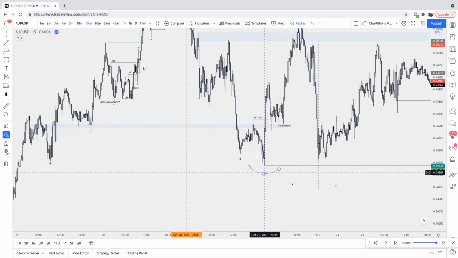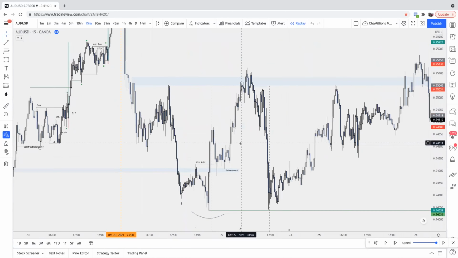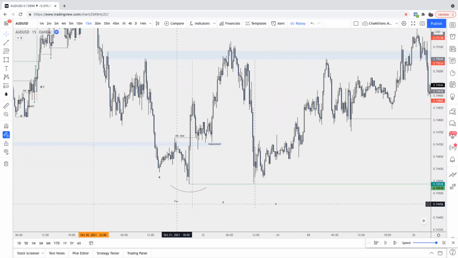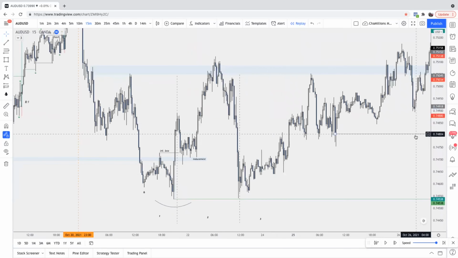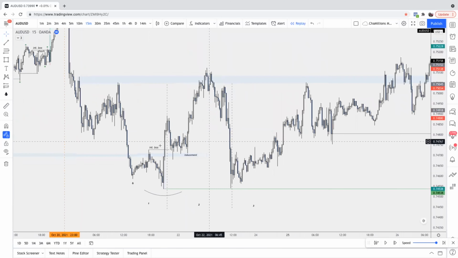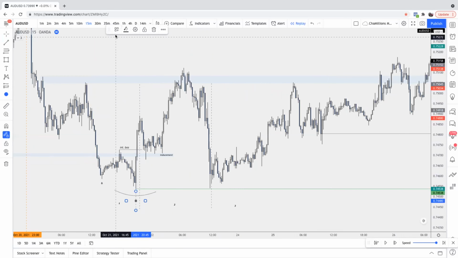You can see how price came in, ran the liquidity of these lows, and had a nice internal breaker structure to the upside. The liquidity grabs are essentially phase one, and solidifying a new range here is phase two.